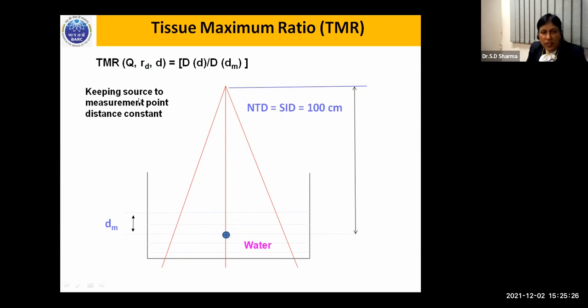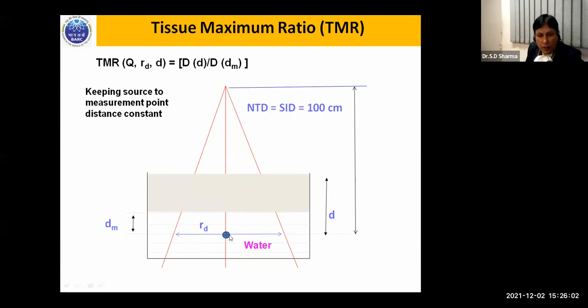So now here you can see this is the condition. While defining TMR, we have to keep the source to measuring point distance constant, which was not the case in percentage depth dose. So say, for example, this is the depth of dose maximum. If I measure the dose at this point, I will get dose at the depth of dose maximum. Now I have to get the dose at the depth of our interest D. So fill this phantom with additional tissue equivalent material, that is water, because this measurement is done in water.